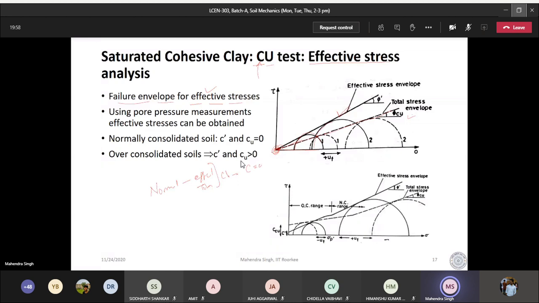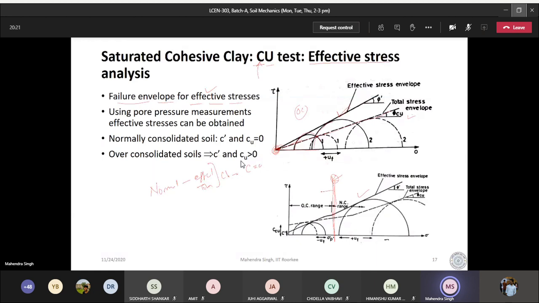But this is going to happen only when it is normally consolidated. If it is over consolidated, then this diagram shows you the picture. This is the pressure range, and this is the pre-consolidation pressure.